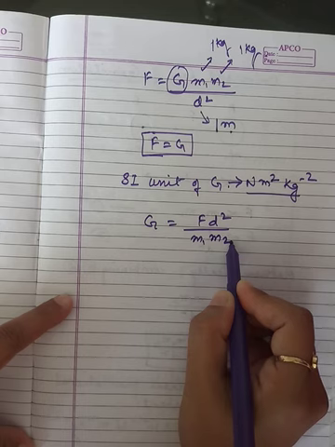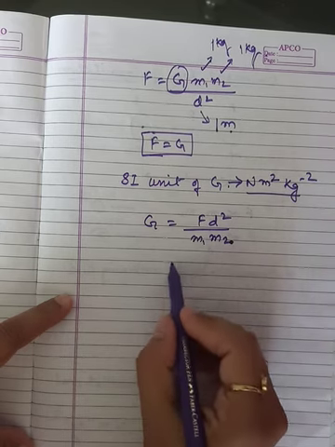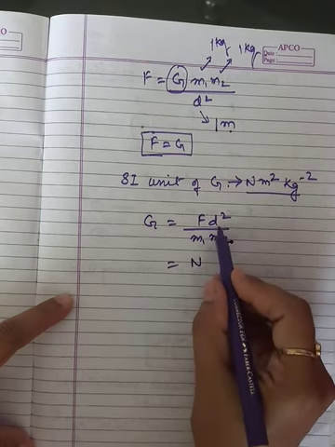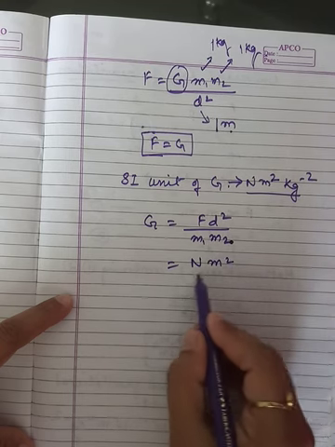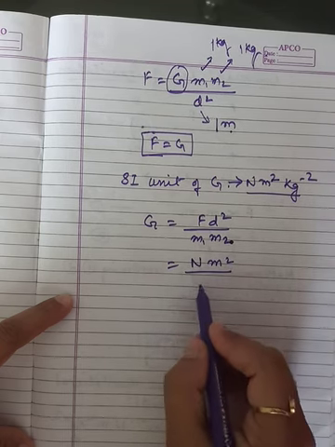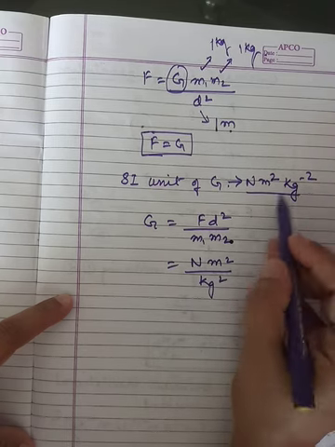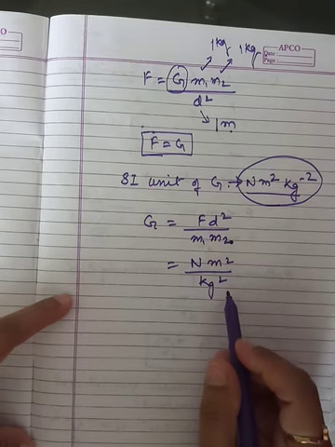From here, force has SI unit Newton, d is meter and it is d square, so meter square, divided by kg and kg, so kg square. So Newton meter square per kg square. That is what I have written for the SI unit. This is how we can find it.